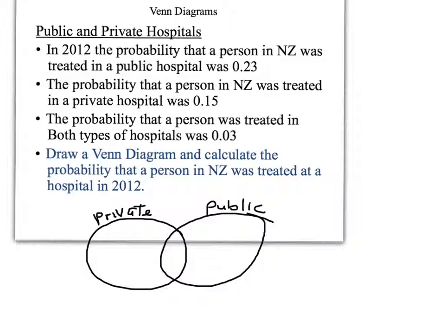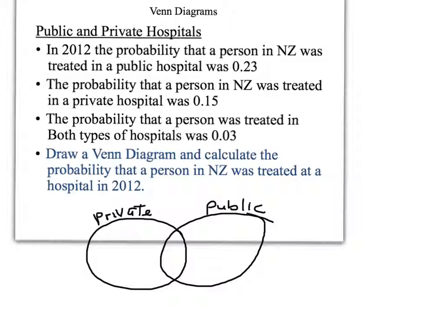So this is looking at 2012 statistics, a couple of years ago. In 2012, the probability that a person in New Zealand was treated in a public hospital was 0.23. Those treated in a private hospital was 0.15. Treated in both was 0.03.